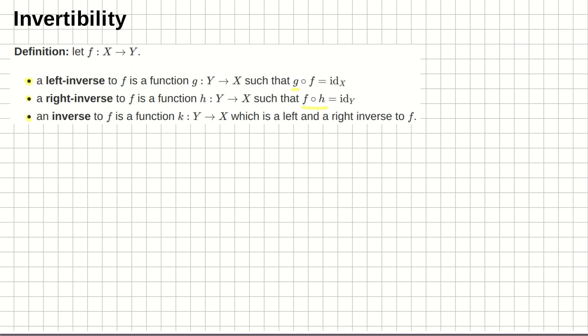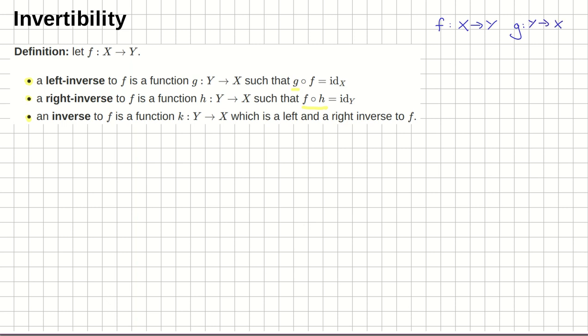I'm now going to make a few comments on this definition before we go on to look at some examples of left and right inverses. The first one I want to notice is that there's a little bit of symmetry in this situation. Let's take a function f from x to y and g from y to x.